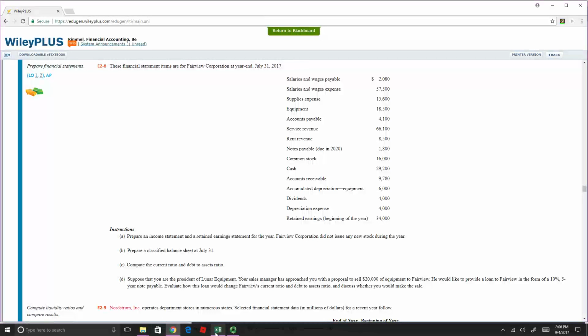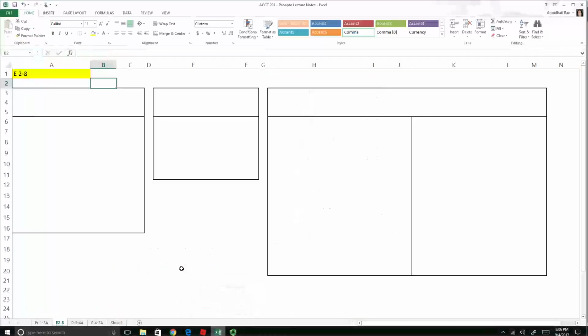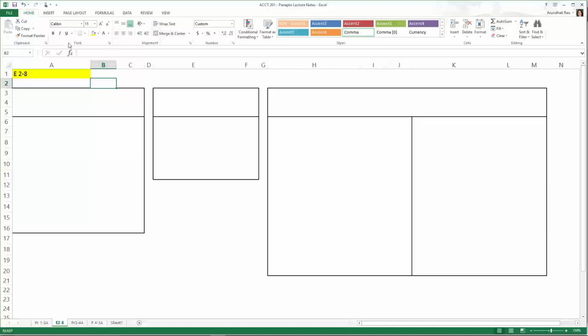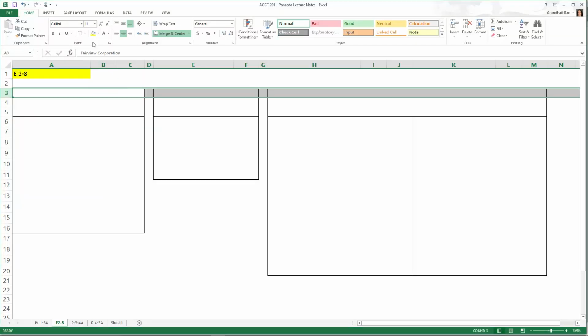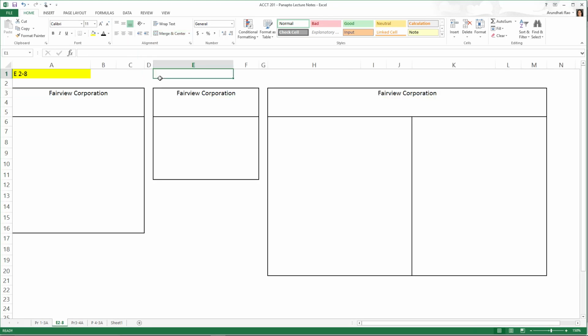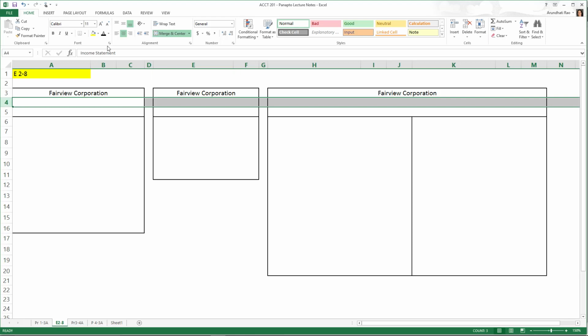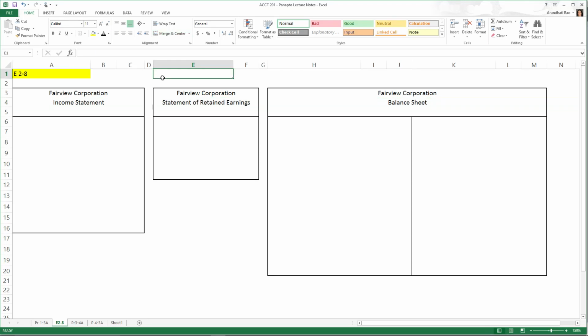So to quickly review our financial statements, the layout that we have, I have prepared the skeleton for 3 statements. For all 3 statements, we always start out with the name of the company. In the next line, we identify the name of the statement. So we have the income statement, statement of retained earnings, and the balance sheet.